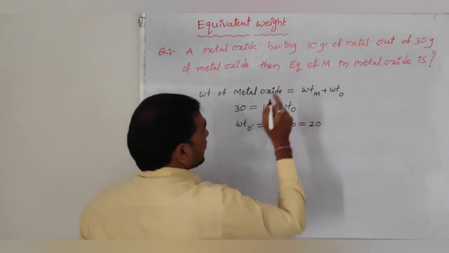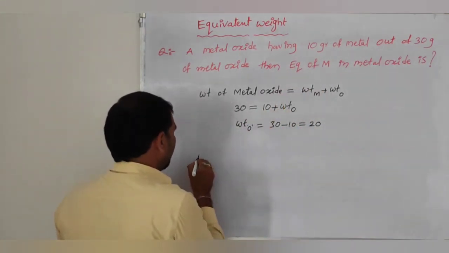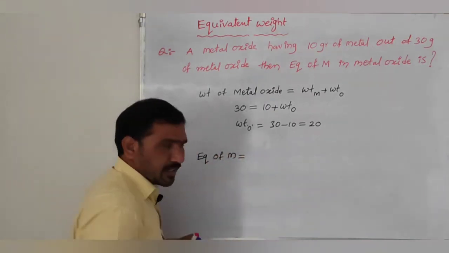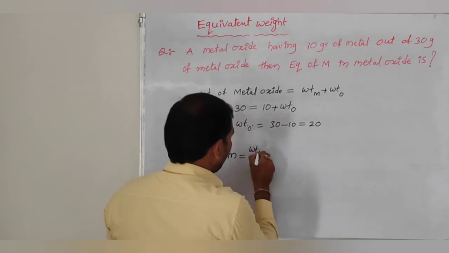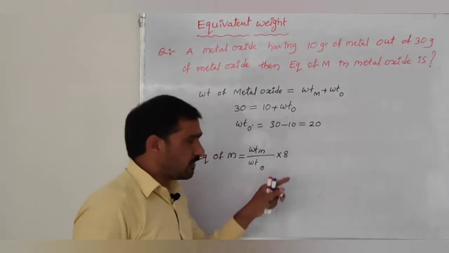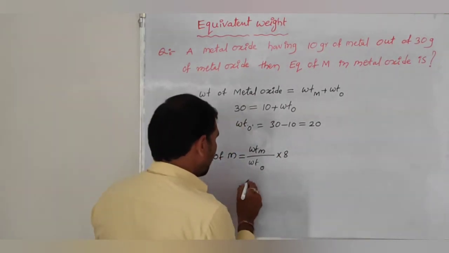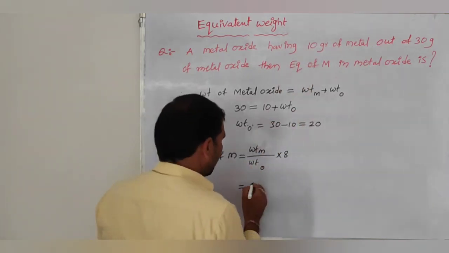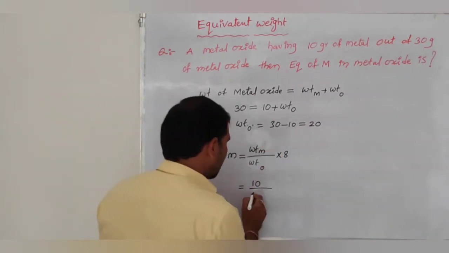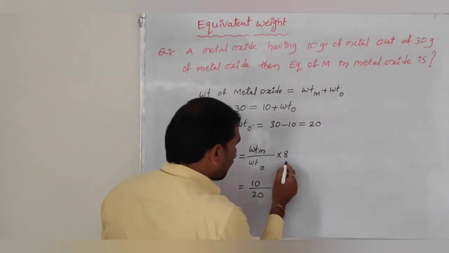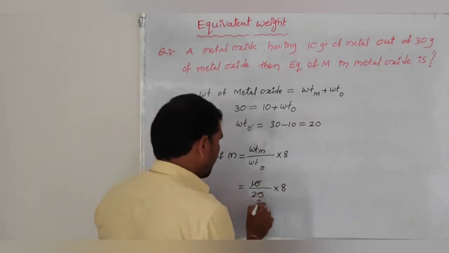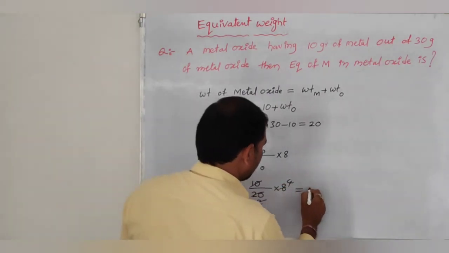After that, we can calculate the equivalent weight of metal. Therefore, equivalent weight of metal in metal oxide is equal to weight of metal divided by weight of oxygen into 8, equivalent weight of oxygen, right? Therefore, beta, here the weight of metal already given in the question is 10, divided by the weight of oxygen we gathered by this calculation, that is 20, into equivalent weight of oxygen 8. Okay, therefore beta here 2, 4, that is equal to 4.